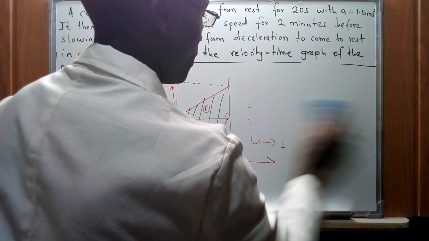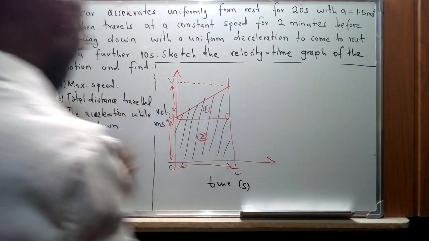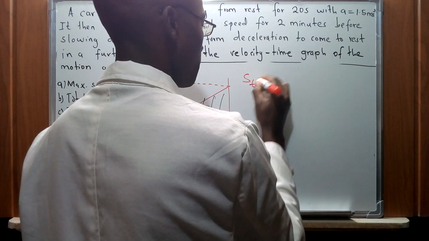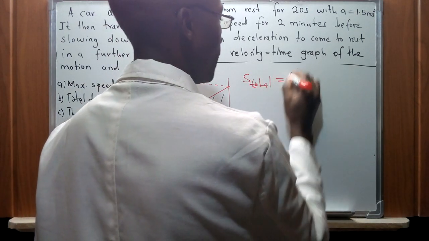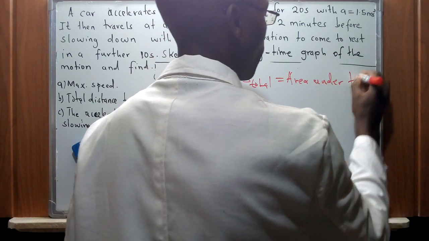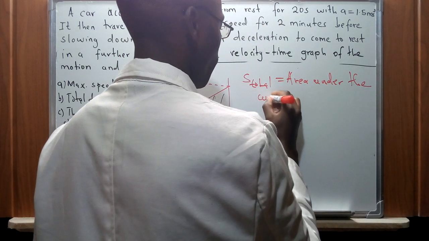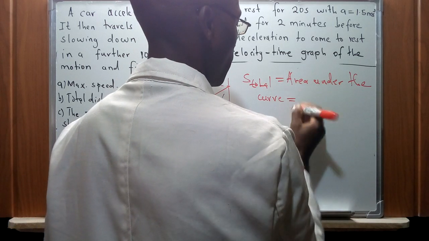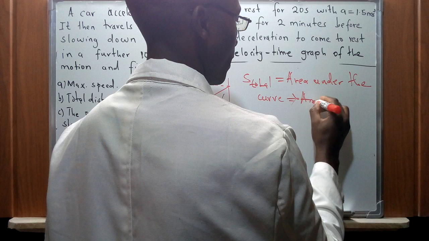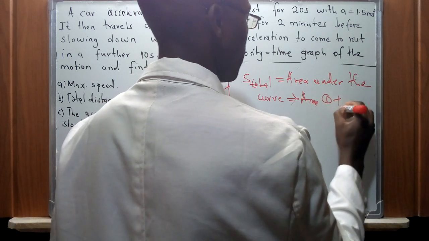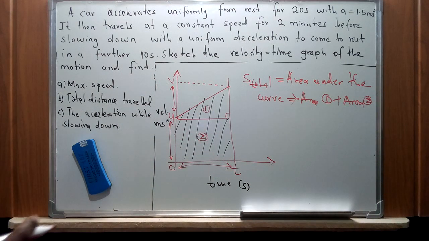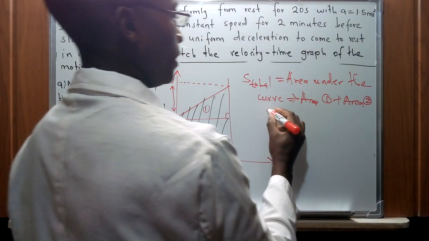As we have said, this total displacement will be the area under the curve, which implies area of 1 plus area of 2.